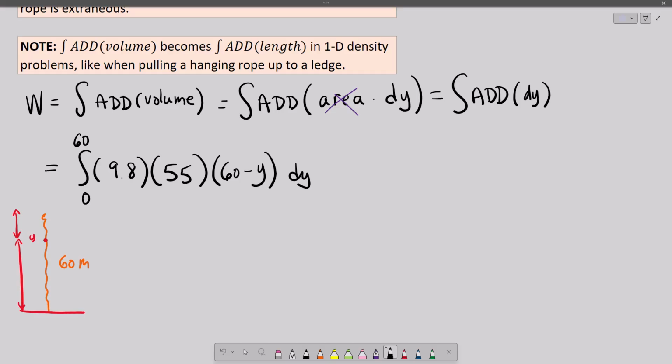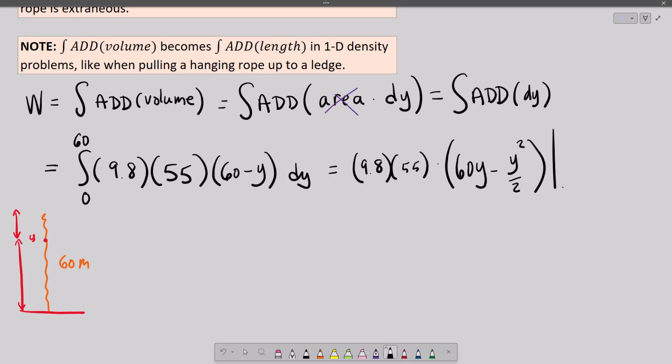Cross-sectional area is gone because we're in one dimension, so we're dealing with one-dimensional density. So the 9.8 and the 55 just pop to the front. And we're integrating 60 minus y, which is 60y minus y squared over 2 from 0 to 60. The 0 doesn't give us anything.